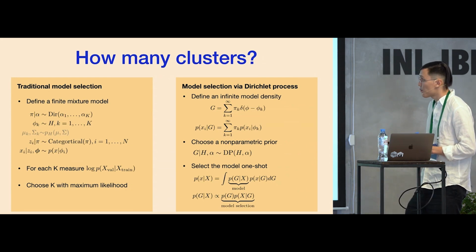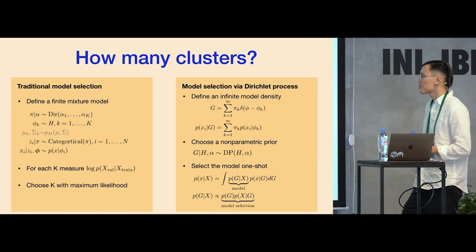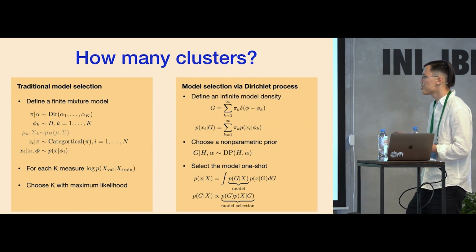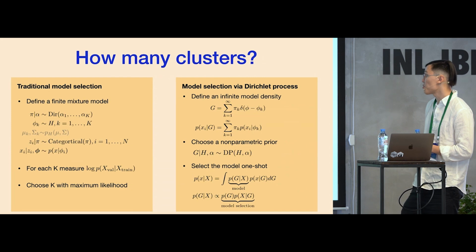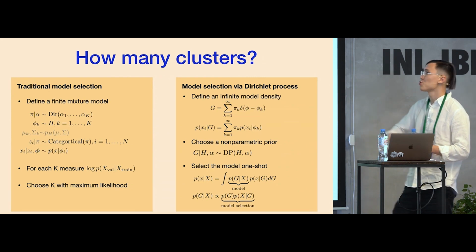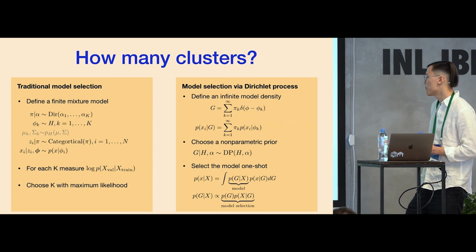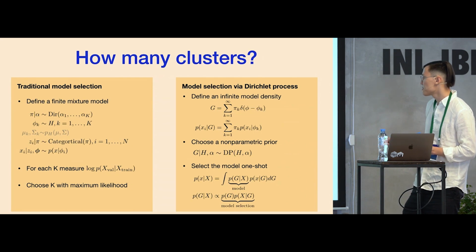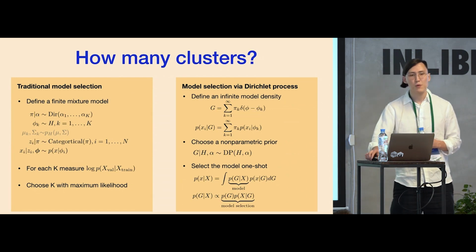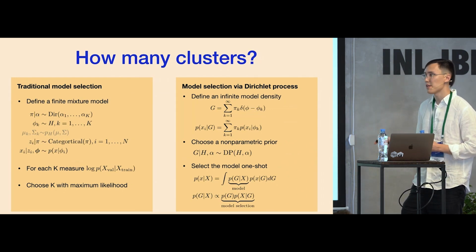And then, if we could choose the right prior, we could perform the model selection in one shot. Basically, when we need to generate a new data point or assess the likelihood of a new data point, we simply compute this posterior predictive distribution, which is an integral or an expectation with respect to the model posterior. And as we know from Bayes' rule, the model posterior up to a constant is just the product of prior and likelihood. Now you may want to ask, why couldn't we do the same here with a finite mixture model?